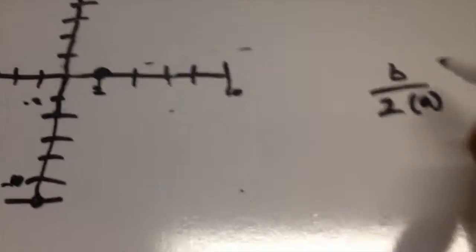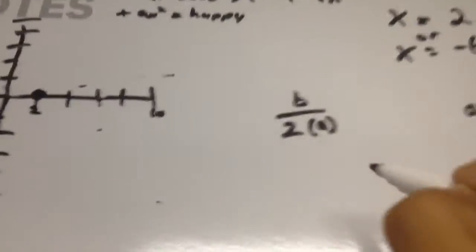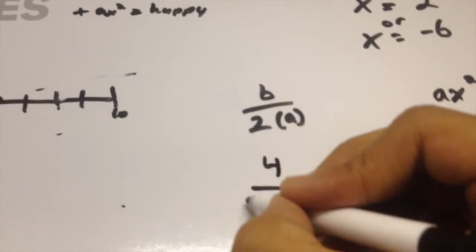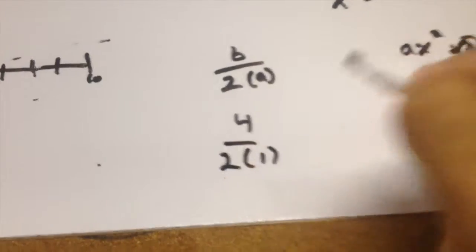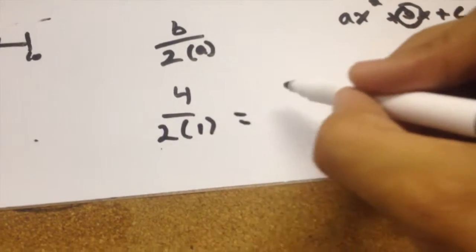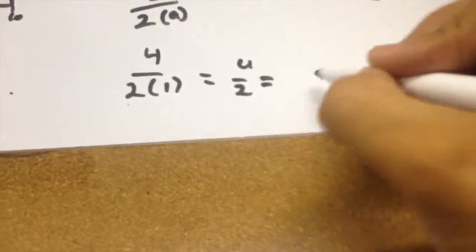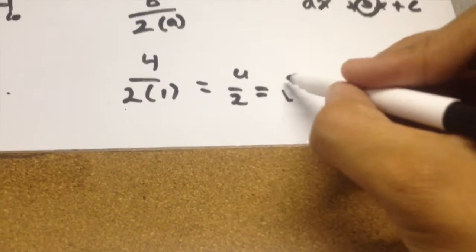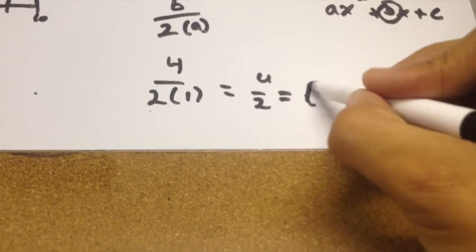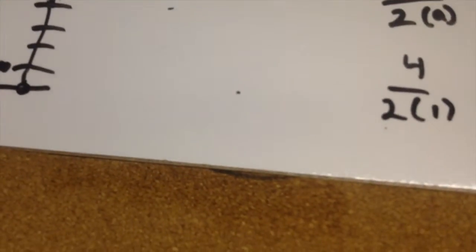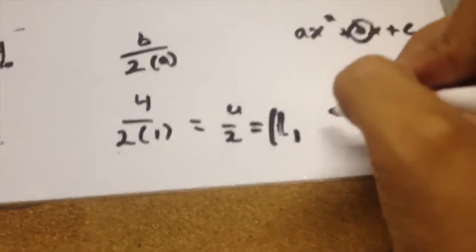So b over 2a would be 4 over 2 times 1, and that equals 4 over 2, which equals 1. So right now our x-intercept is 1.